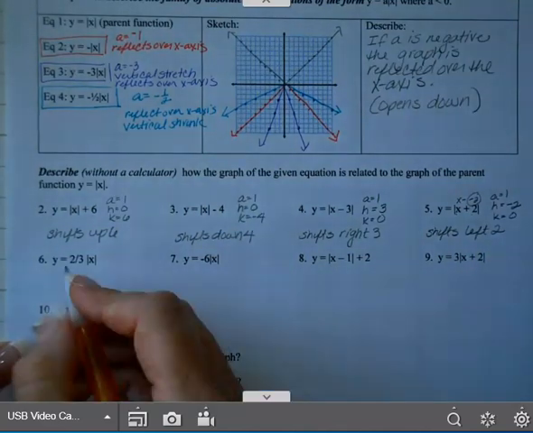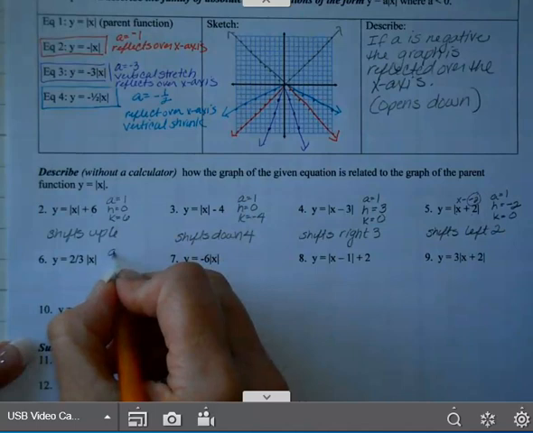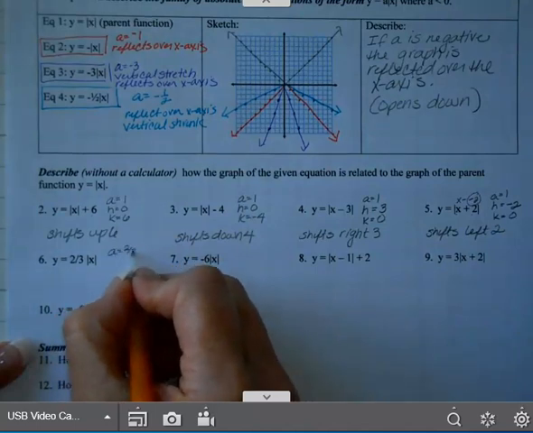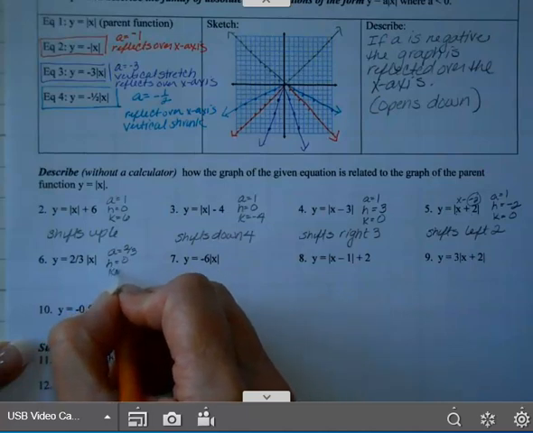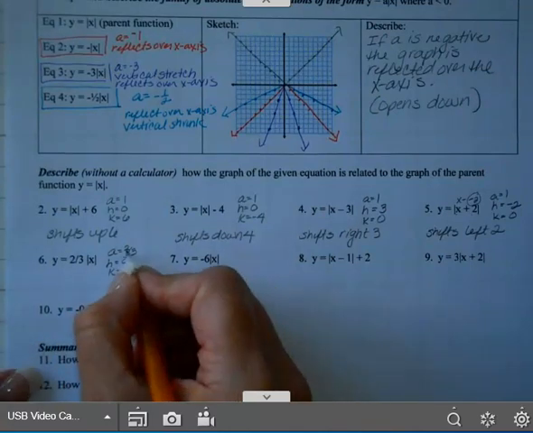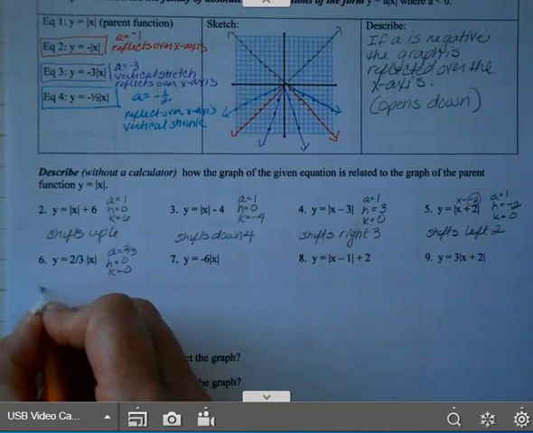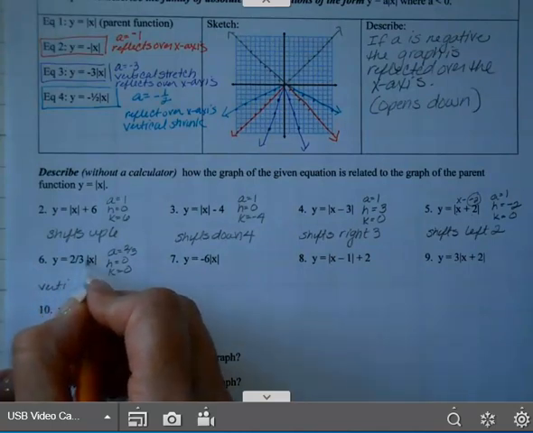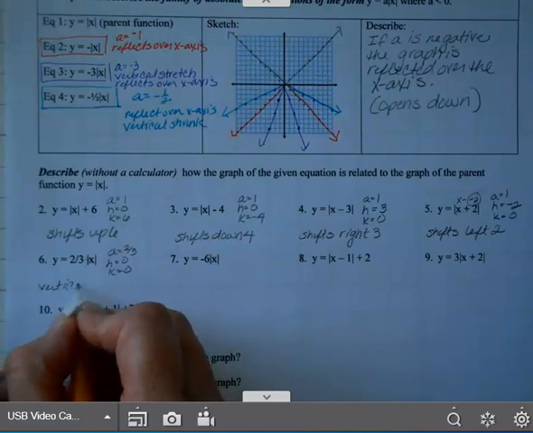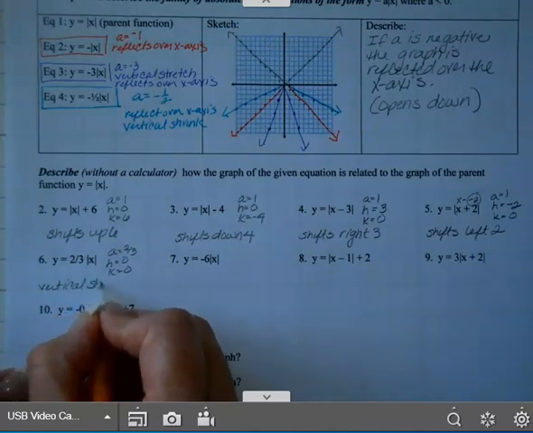On example 6, A is 2/3. H is 0, K is 0. So the 2/3 means it's going to be a vertical shrink because the absolute value of 2/3 is 2/3, which is smaller than 1. So this is a vertical shrink.